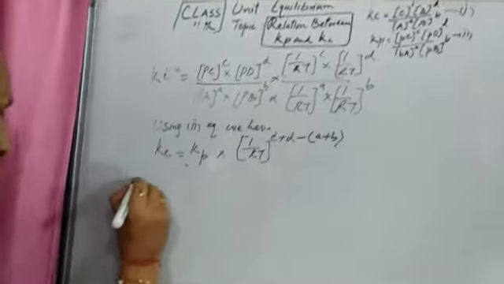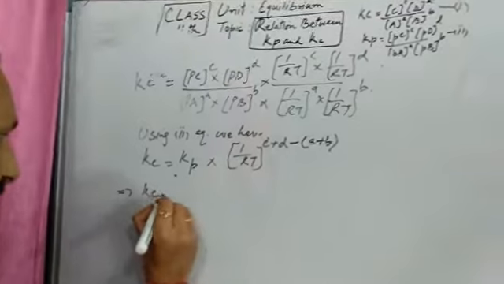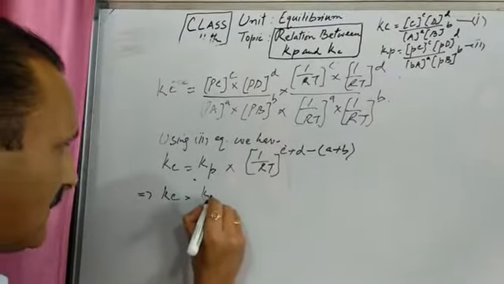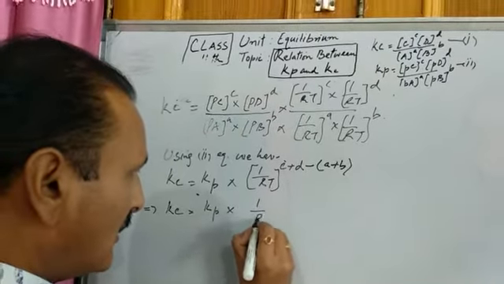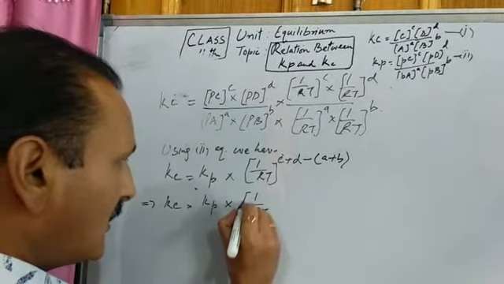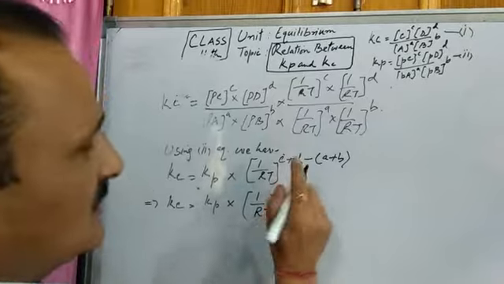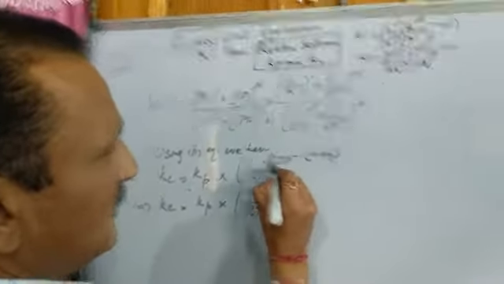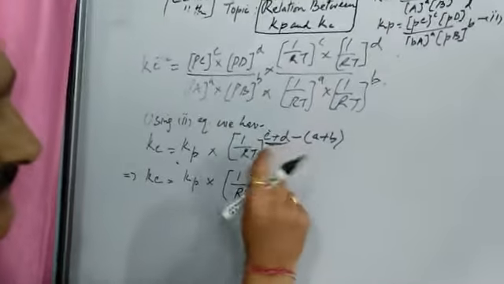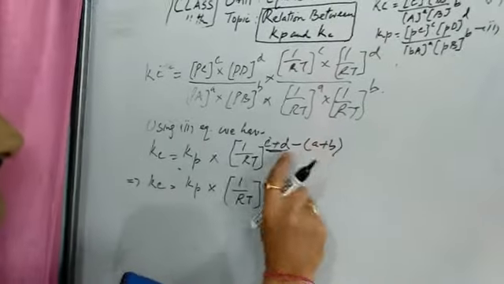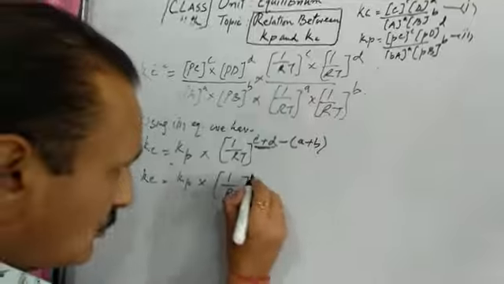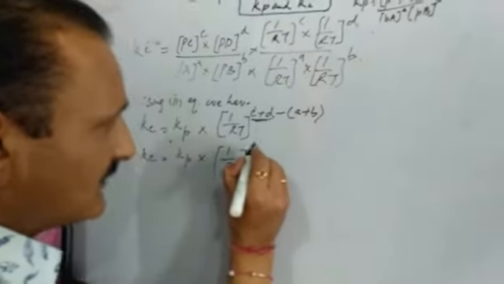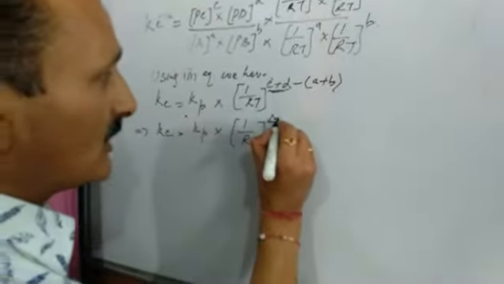So further solving this, what will we get? We will get Kc equal to Kp multiplied by 1 upon RT raised to power, now these are products and these are reactants. So this is the difference in the molar concentration of products and reactants. We will write delta n for difference in molar concentration.